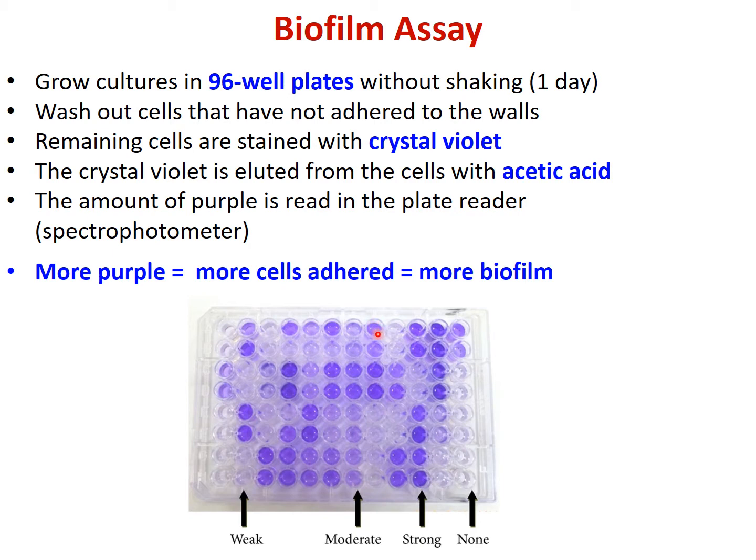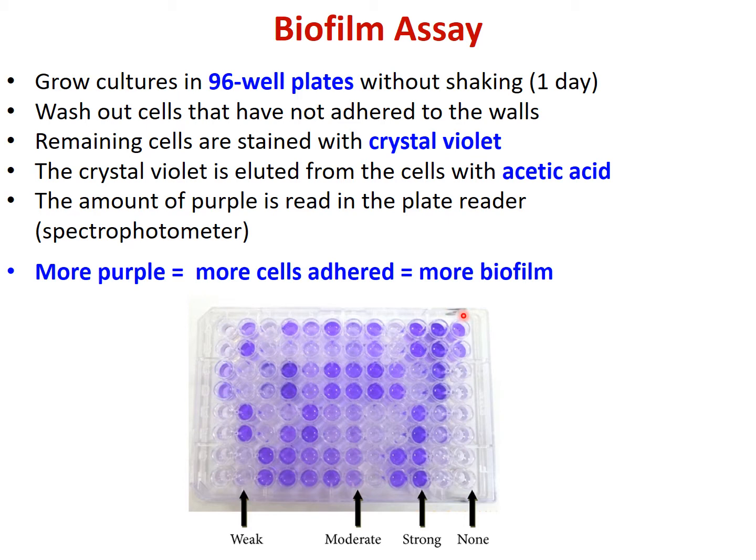Just the crystal violet is going to come out, and so you'll see a darkening of the liquid in the well. In wells like those shown here, like these four, that may have had a lot of cells bind to the walls and form a really nice biofilm, they're going to get stained more with crystal violet. And so when we extract the stain with the acetic acid, we will get a darker purple.